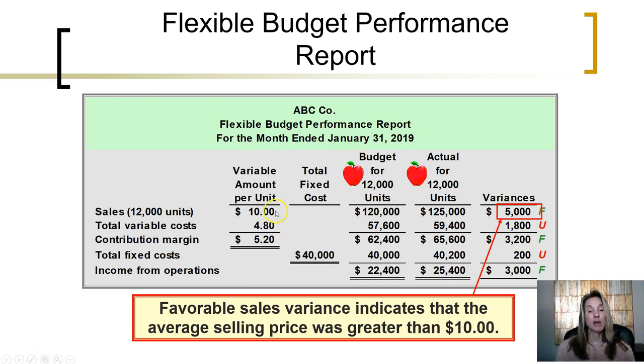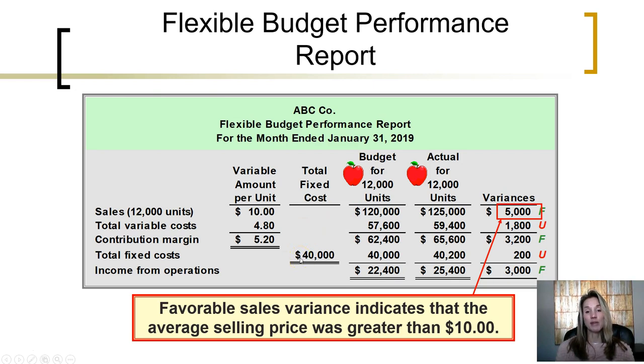By taking the budgeted per unit revenues and expenses and flexing those to a budget at 12,000 units, we would take the budgeted level of activity, 12,000 units, multiply by the budgeted selling price per unit, to get the budgeted revenues on a budget activity level of 12,000 units. 12,000 units times budgeted $4.80 per unit variable cost gives us the budgeted variable cost for 12,000 units sold.